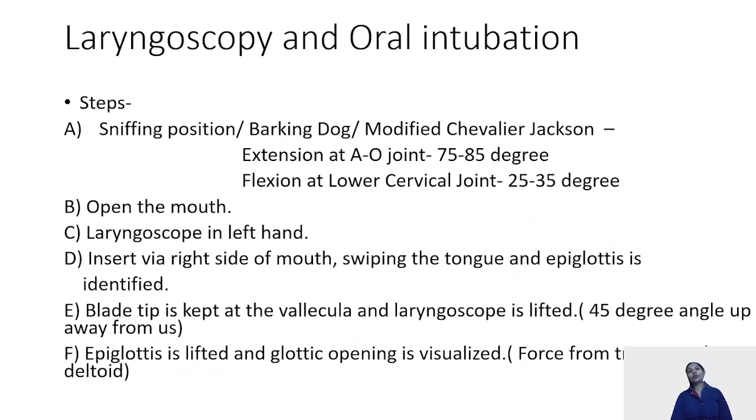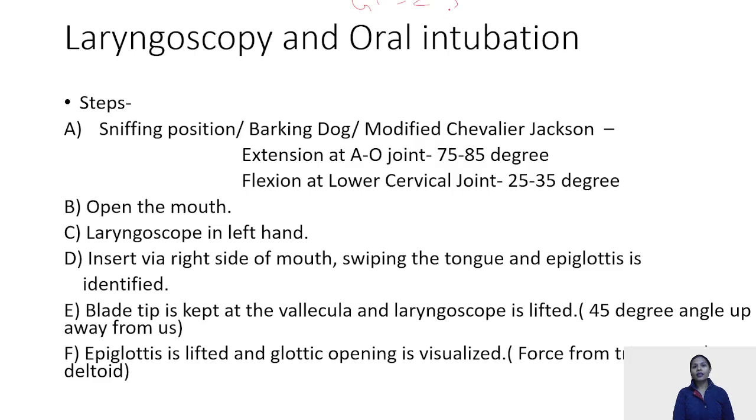Now moving towards the steps of laryngoscopy or oral intubation. Each thing is very important to know. First, the position of the laryngoscopy. The first thing you all should be knowing is the indications of intubation. One, emergency situations like a Glasgow Coma Scale less than 8.